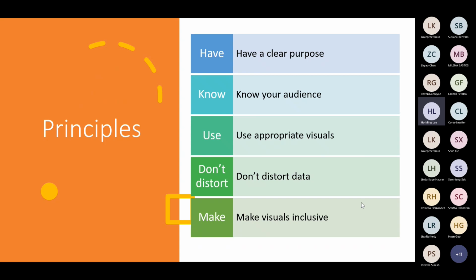And make visuals inclusive. What do I mean by inclusive? Some people are colorblind. For colorblind people, the colors that you choose are very important. If you choose similar colors for depicting 2 different things, it might be confusing for colorblind readers.